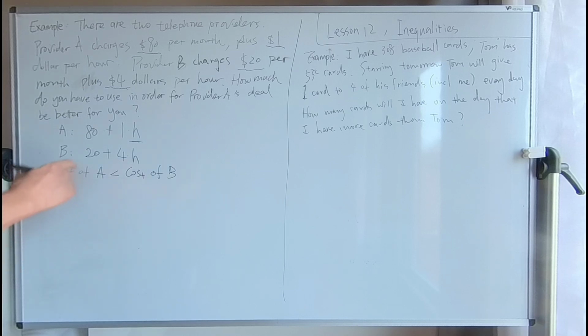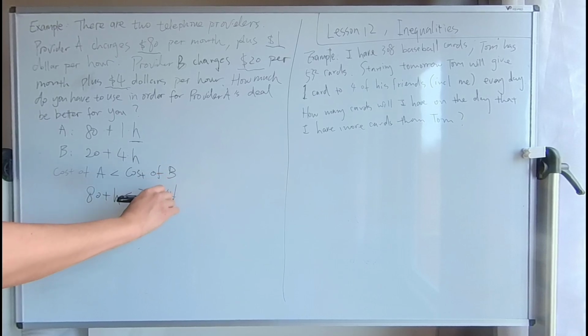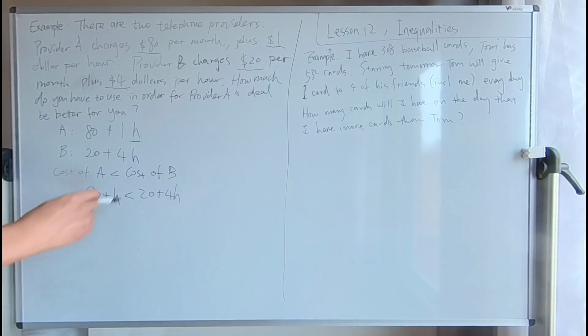Writing this into an inequality, I have 80 plus H less than 20 plus 4H, right? So this is the inequality I have, and I want to find the value of H, or the range of values that satisfy this inequality.